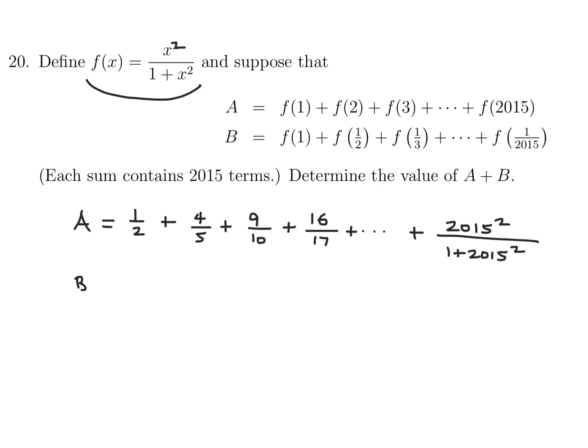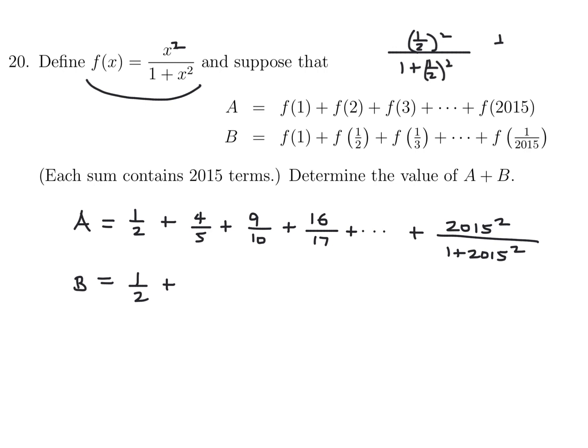Okay, now let's do the same with b. And you might have to do this a little bit on the side. The first one's easy. That's just 1 over 2. But with a half, you might have to figure this out. Half squared over 1 plus a half squared.